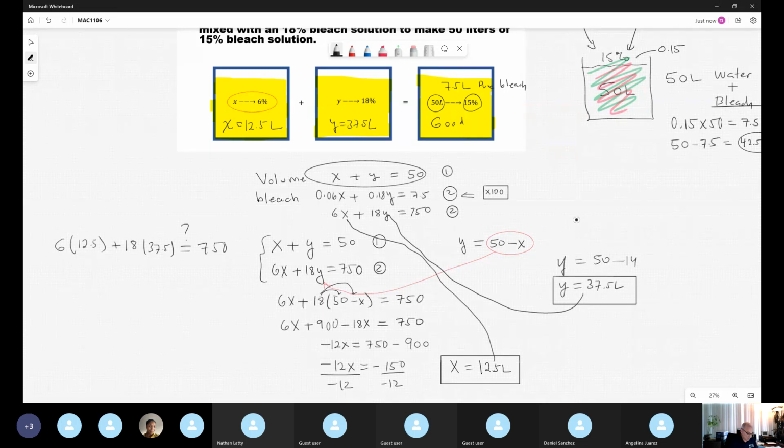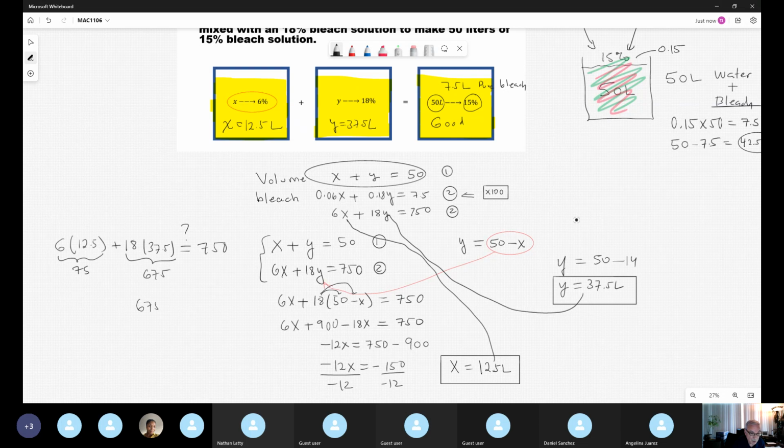Let me try. So 12.5 times 6. Oh, I made a mistake, let me clear everything. 6 times 12.5 is 75. And this is 18 times 37.5 is 675.